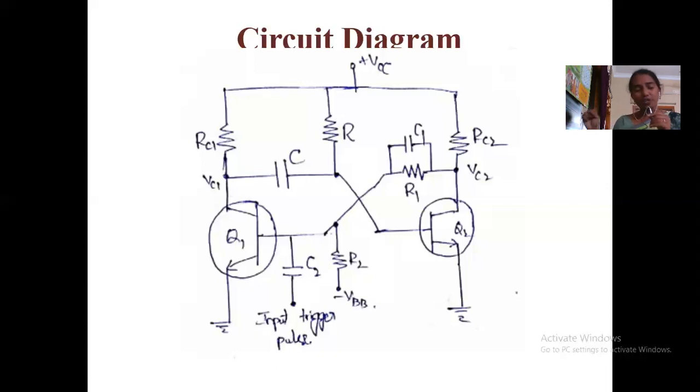When the transistor is in cutoff state, the output voltage VC1 is equal to VCC. So the transistor Q1 acts as an open circuit, an off switch.